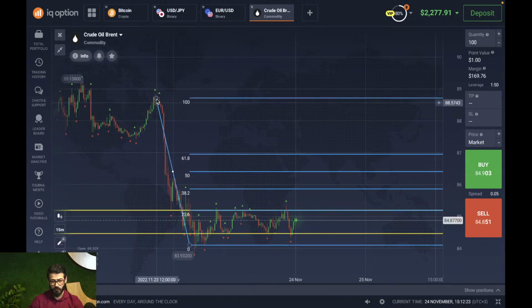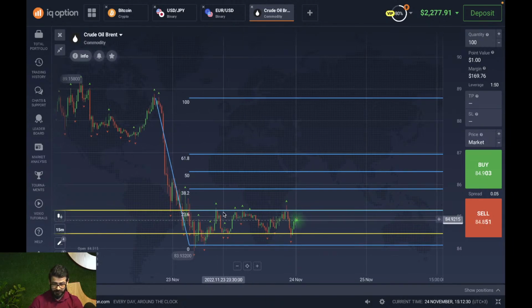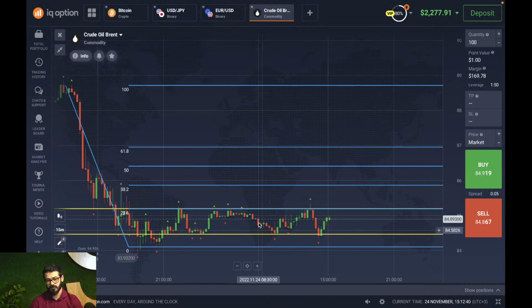So you can see with the help of the Fibonacci, we understood that at this point here, there is a support, and it is also the same support that I drew myself without the help of the Fibonacci. So these tools can help you understand where to trade, where to place your positions, what to wait for, what kind of a breakout there is.